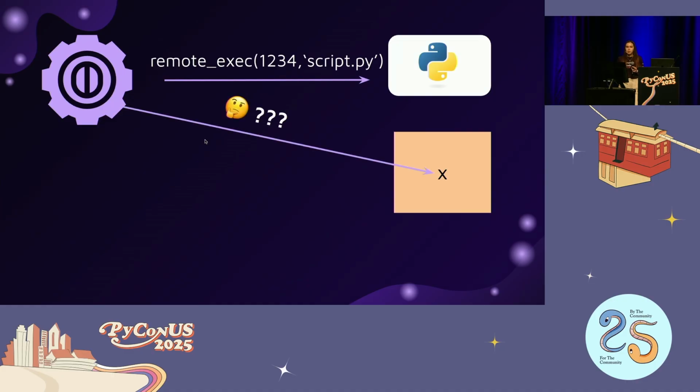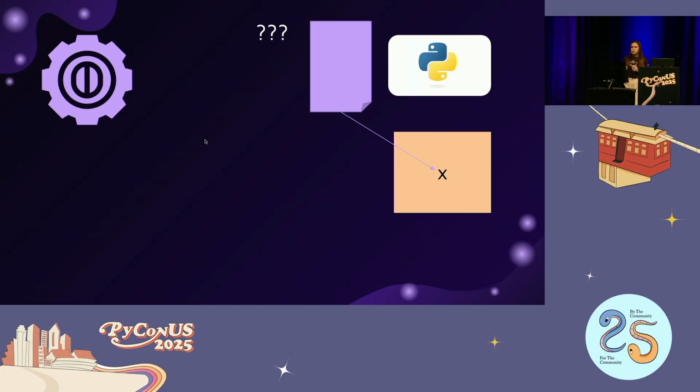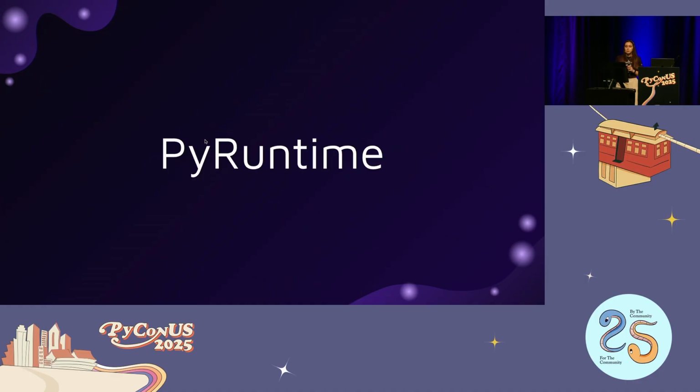But there is a problem here. How do we find this box? Somehow we need to navigate our debugger to find the box. For that, we're going to give the debugger a map. In order to find the map, we're using something called PyRuntime. PyRuntime is an internal CPython structure that holds the interpreter's global state.